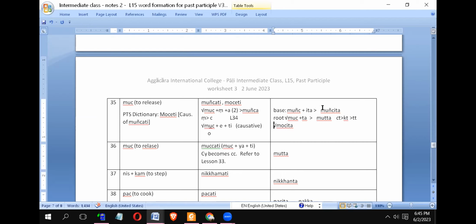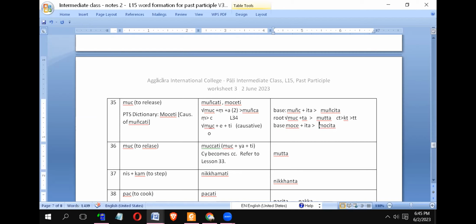I think it should be root. Hmm, is it root? No, not root. Oh, base. It's already changed to MO. So it's already changed to O. So it's the base. The base moce plus ita. No need ta. Oh yeah, from ita, yes. Okay, so from ita. So you change it here.